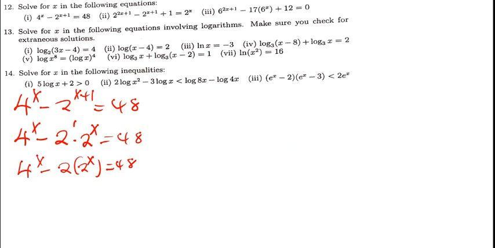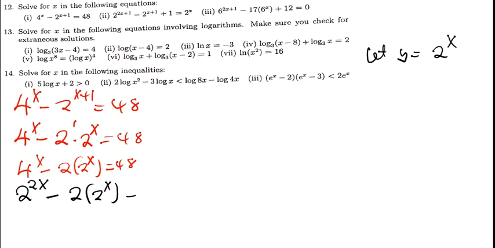So I'm going to let y be equal to 2 raised to the power x, meaning I need to make this 4 to the power x the same as 2 to the power x. How can I make that? It's going to be 2 raised to the power 2x minus 2 open brackets 2 raised to the power x. I need to have the same thing so that I make a quadratic equation.